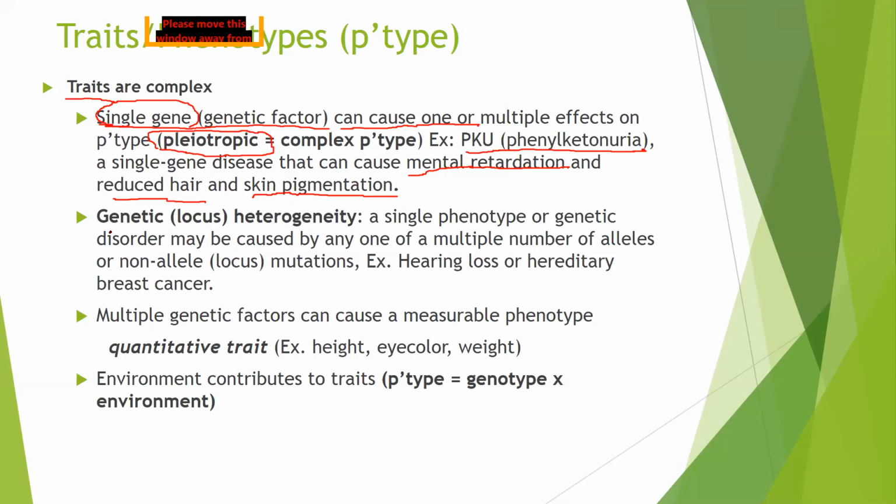And another type of trait shows genetic or locus heterogeneity. Which means a single phenotype or genetic disorder may be caused by one of multiple alleles.